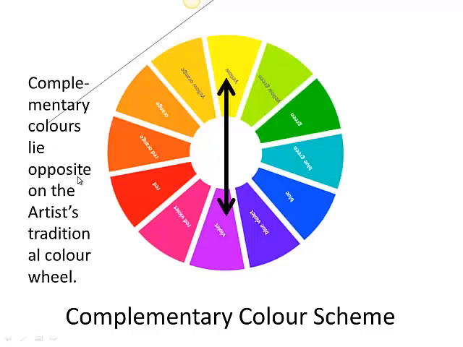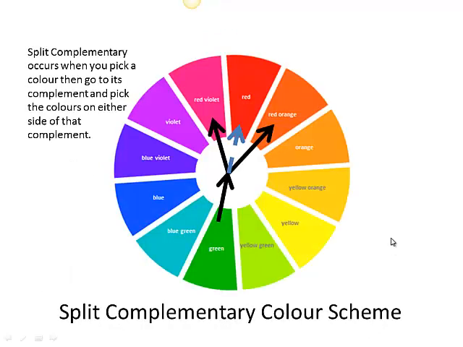Okay, complementary color scheme. In a complementary color scheme, you have a color that lies across on the opposite side of the color wheel, and so they call it complementary. It's probably the most common color scheme used by artists because it works. Then we're going to use a split complementary color scheme in one of our landscapes.